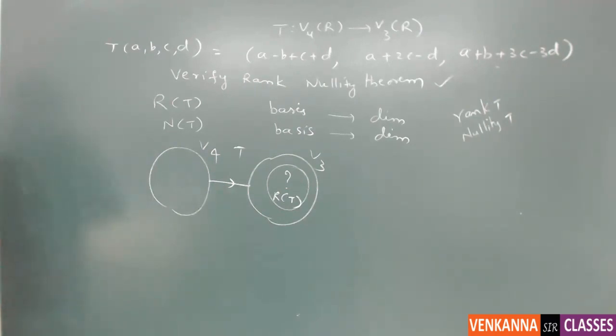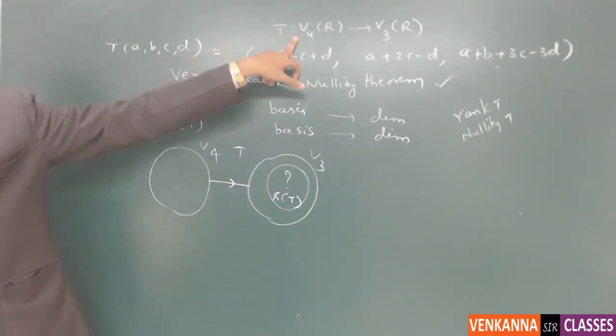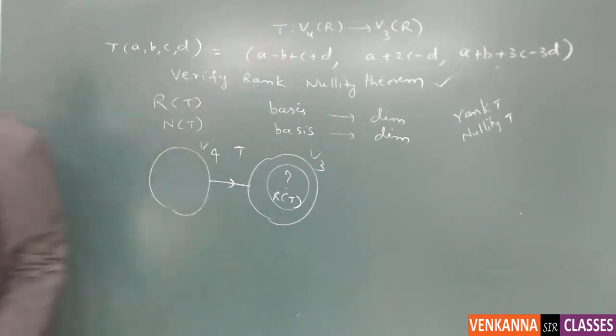As you know, the criteria for transformation is based on basis. So for the domain V4, let us take the basis. As I mentioned, for every vector space, we have the standard basis. V4 means the dimension of the domain is nothing but 4, where each value contains 4 coordinates. So what is the standard basis?